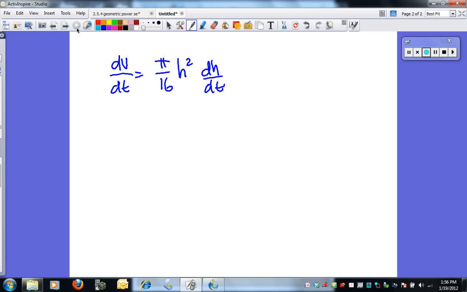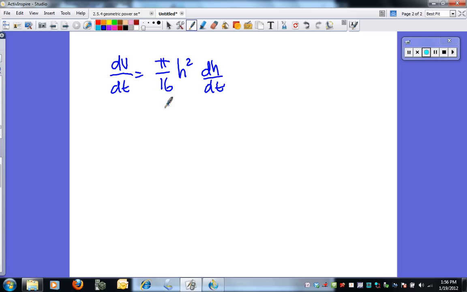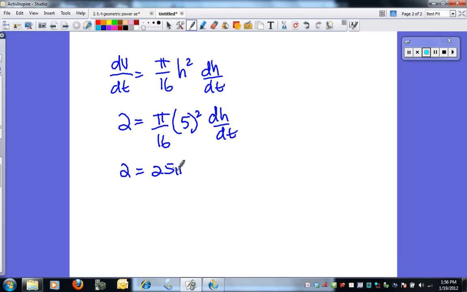Did I miss anything? Let me go back and check. h squared, nope. So let's plug in our 2 for our dV/dt, our 5 for h. So 2 equals pi over 16 h squared dh/dt. This ends up becoming 2 equals 25 pi over 16 times dh/dt.